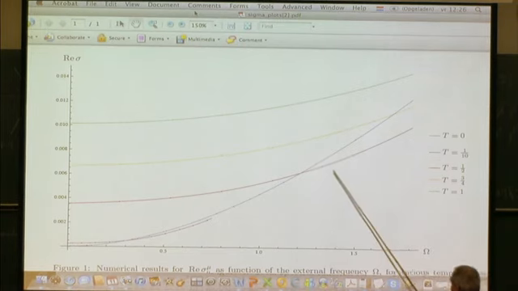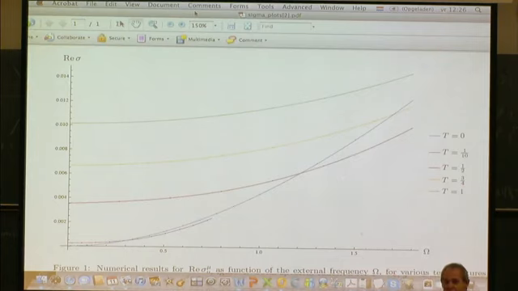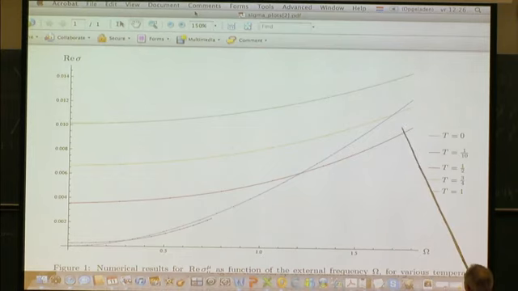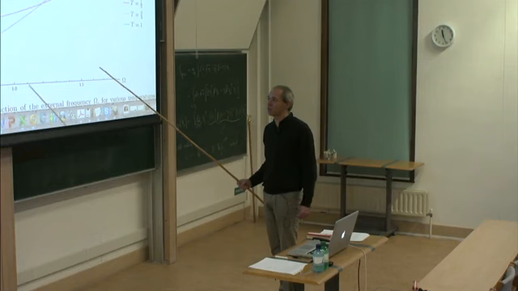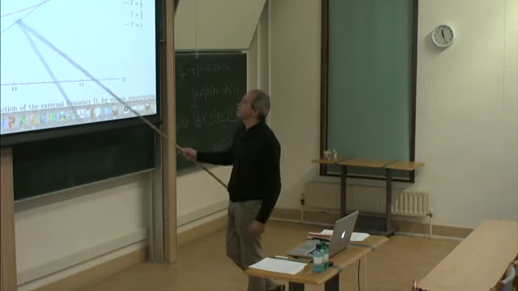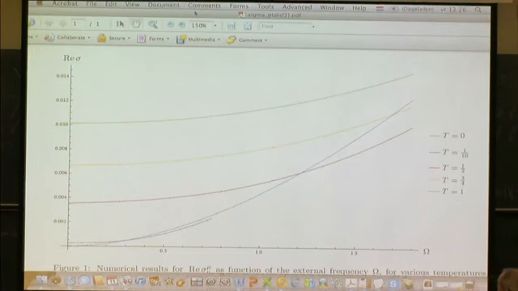That is because at higher temperature, the Weyl cone becomes smeared out, and there's much less spectral weight there, so there are much fewer particles that can participate in the conductivity. So these curves grow much slower than in the lower temperature case, where there is more spectral weight.